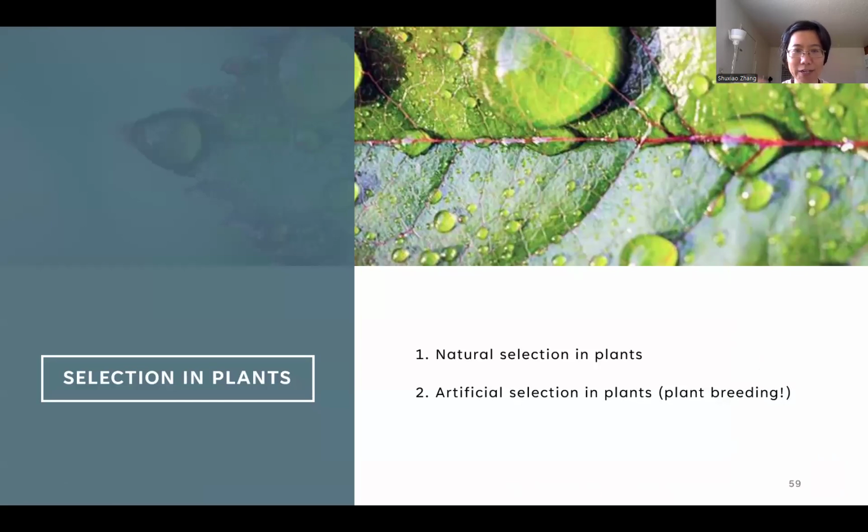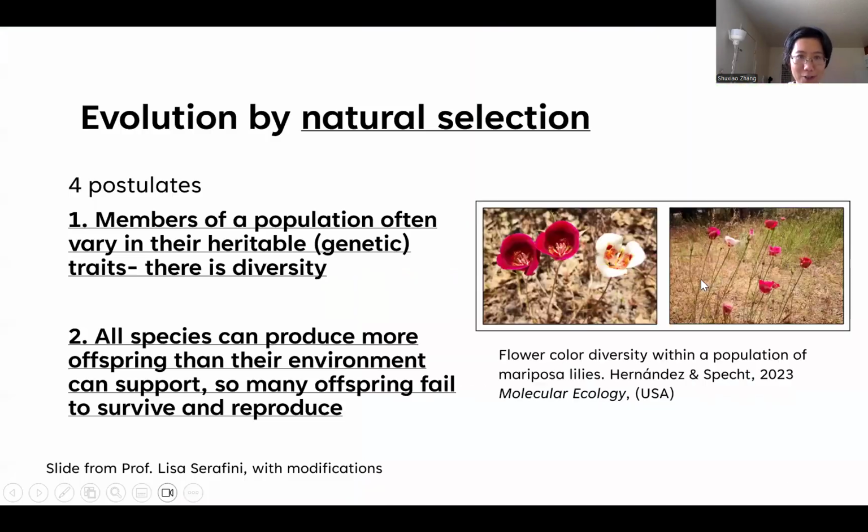Okay, moving on to the final section of today's lecture, we're going to look at selection in plants, both natural selection and artificial selection. So everyone has probably heard about Darwin and natural selection before, but just to remind everyone, natural selection has four main postulates that must be true in order for it to occur.